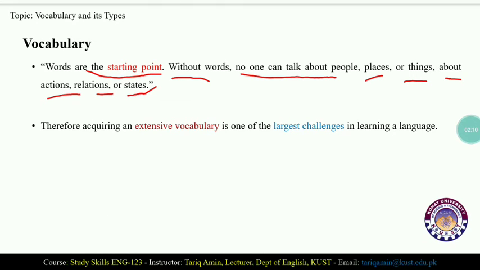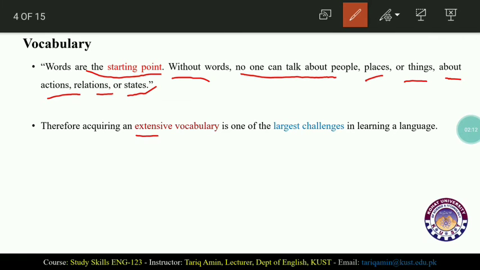Therefore, acquiring an extensive vocabulary is one of the largest challenges in learning a language. When you learn a language, the largest challenge is to acquire an extensive vocabulary. You cannot learn a language until and unless you learn different words of that language.